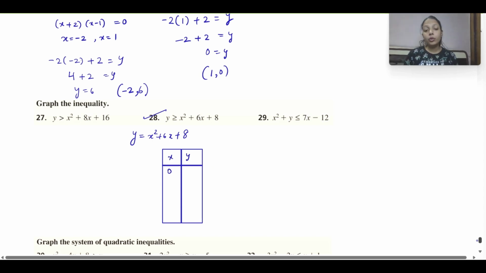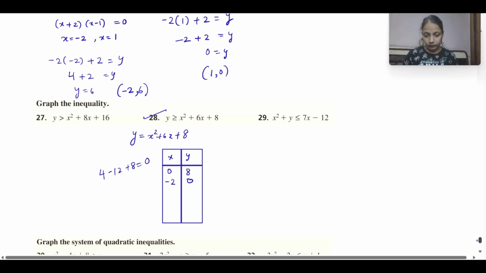If I put 0, I will get 8. If I put negative 2, negative 2 square is positive 4, 6 times 2 is 12, because I put negative 2, so negative 12 plus 8. 4 and 8 is 12, so it is 0 here. So at negative 2, it's 0.